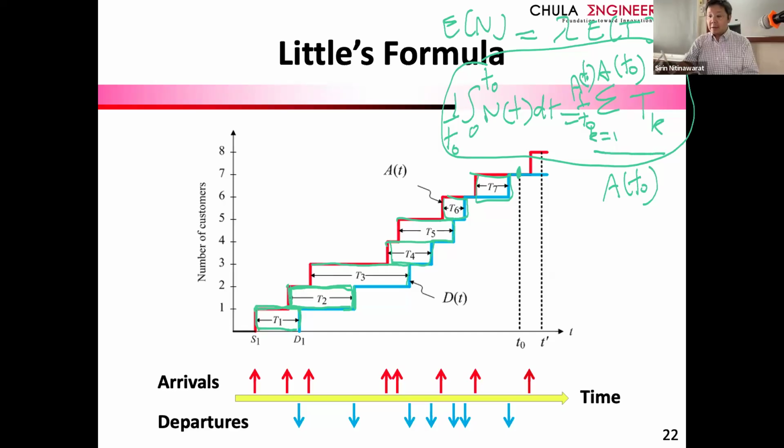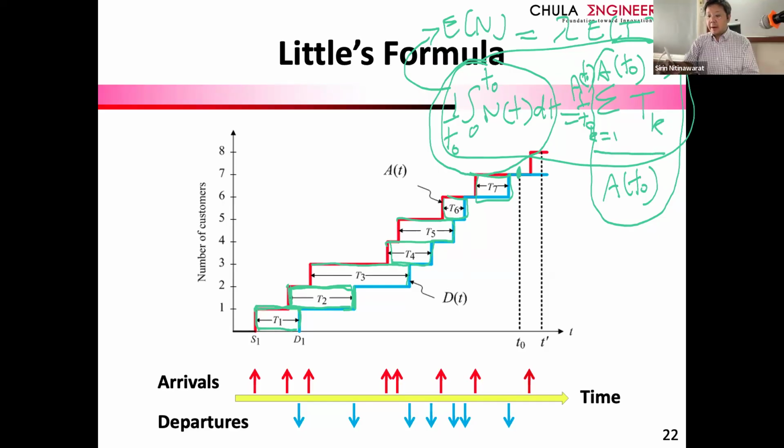So now you get this part as the normalized sum of different times customers spend in the system, which is related to that average. You get this normalized integral representing the average number of customers in the system.